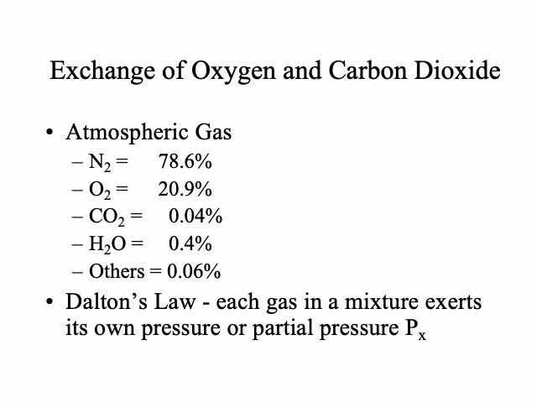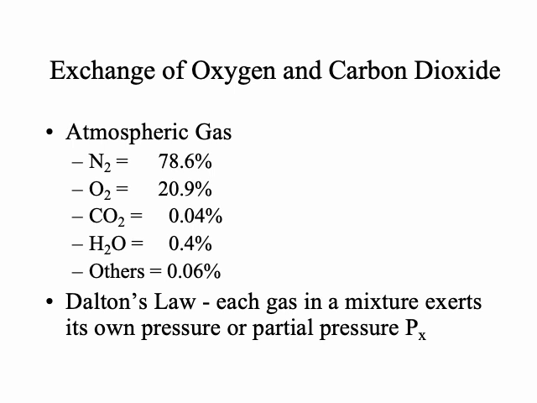Dalton's law is that in a mixture, you have to take into consideration the percentages of each gas, or partial pressure. Partial pressure is just the pressure associated with each gas.